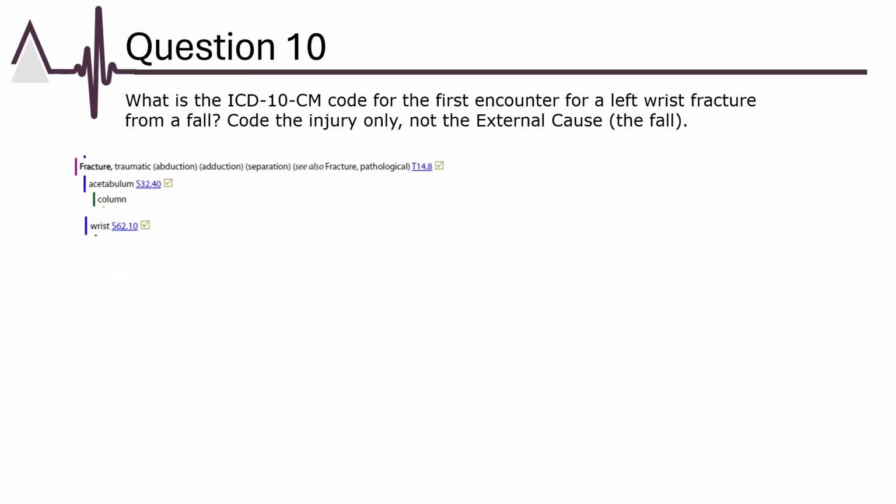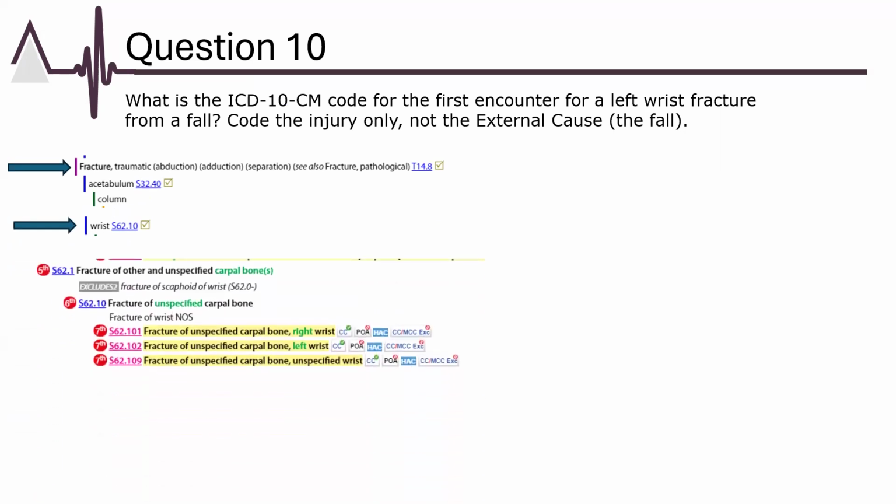In the ICD-10 alphabetic index, look for fracture, traumatic, and wrist, and you will refer to subcategory S62.10. Turn to the subcategory S62.10 in the tabular list. Most fractures require the 6th or 7th character. From the indented listing in the subcategory, you will see the 6th character is for laterality.